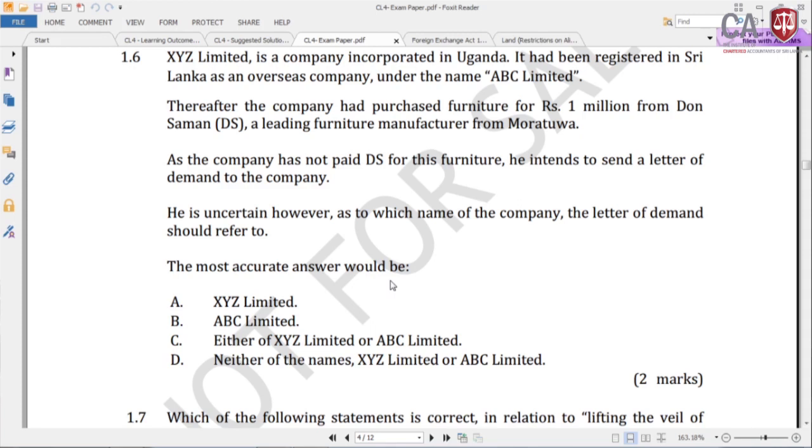A letter of demand is a document sent by a lawyer demanding the debtor to pay the creditor the amount that the debtor owes.